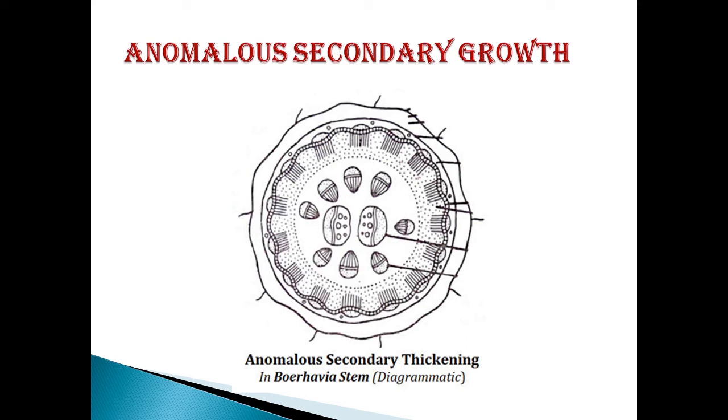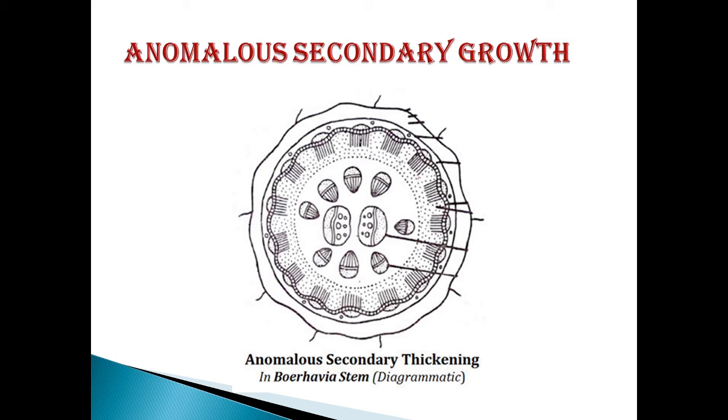Anomalies are reported in both dicots and monocots and occur in primary and secondary stages of growth of stem. Anomalous secondary growth is the unusual type of secondary growth that deviates from the usual or normal pattern. It is the result of cambial activity that deviates from the normal pattern.